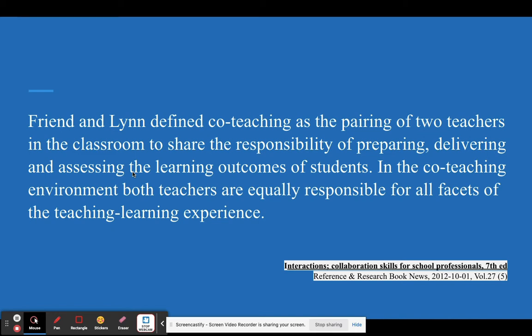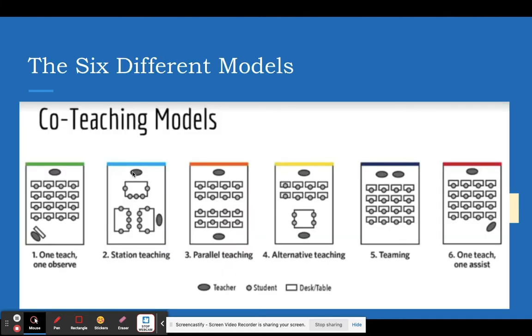In the co-teaching environment, both teachers are equally responsible for all facets of the teaching learning experience. It's a fairly long-winded definition, but the important part is the equality of, and responsibility for, all facets of the teaching learning experience.